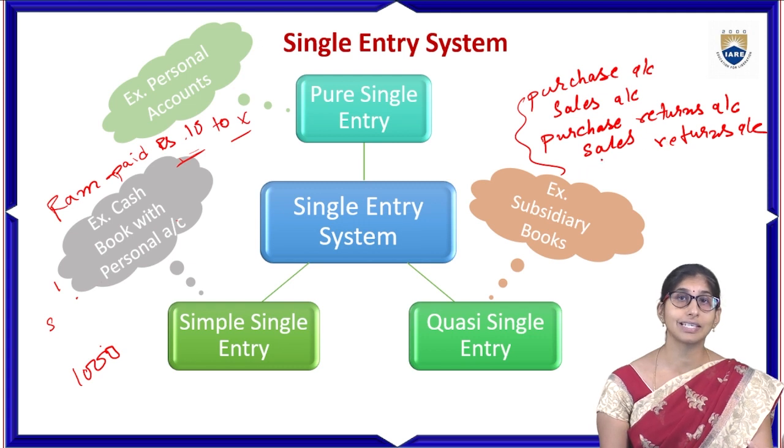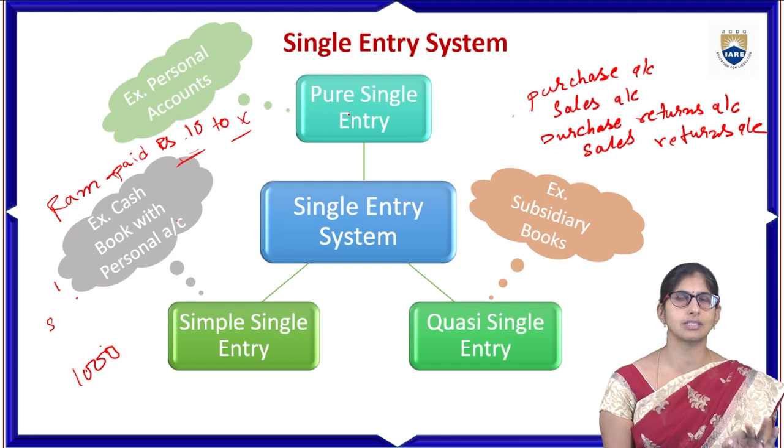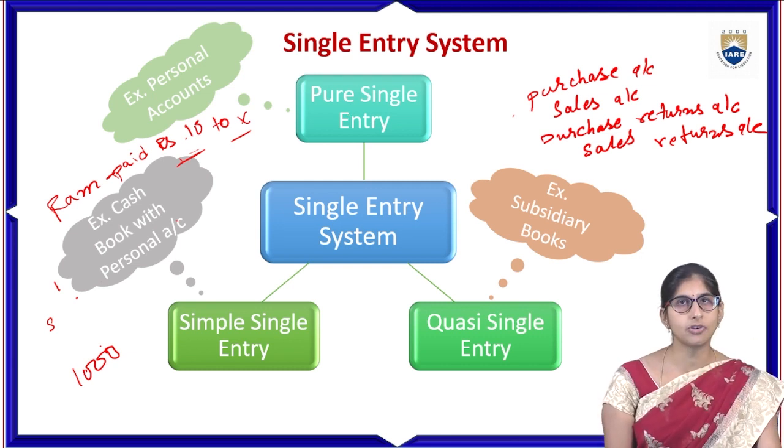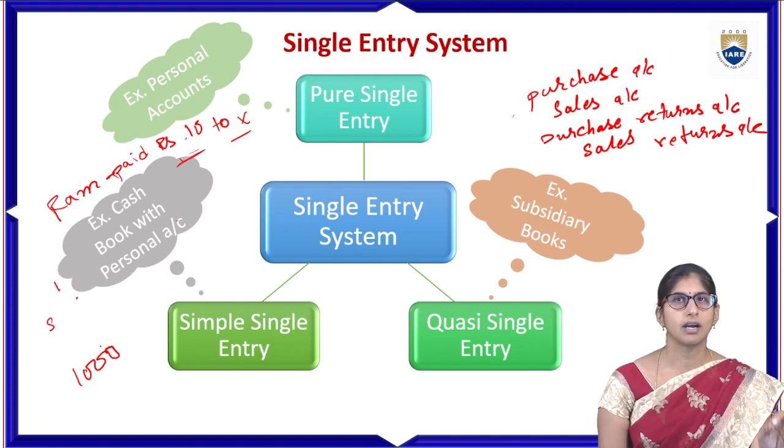What are the sales returns we are making? Those will also be recorded. Earlier, in the pure single entry system, we just maintain the person's account from whom we have to receive money. Those records we maintain.